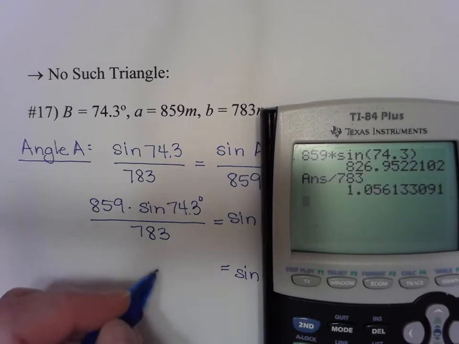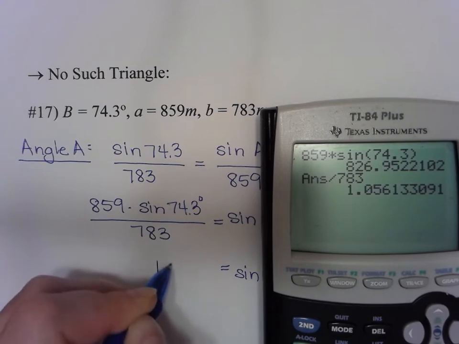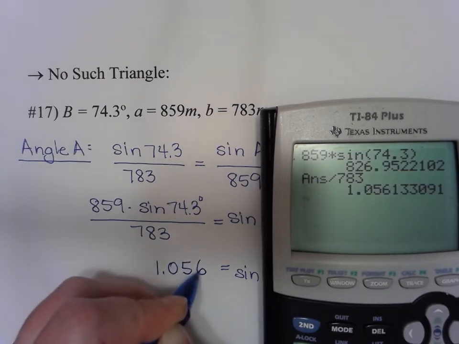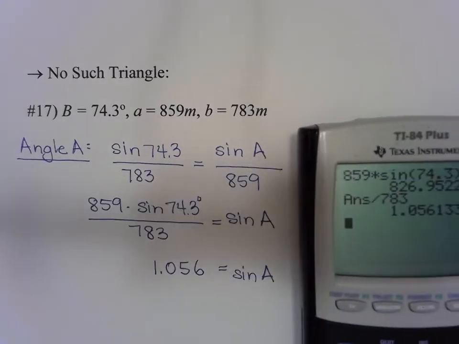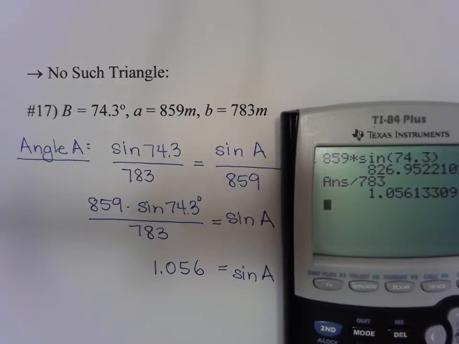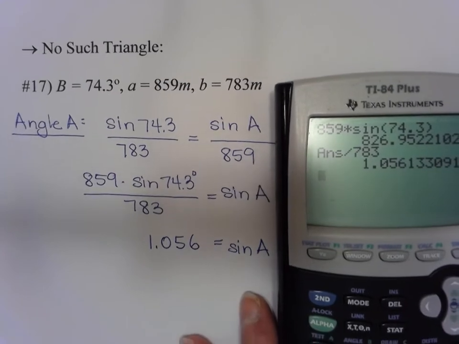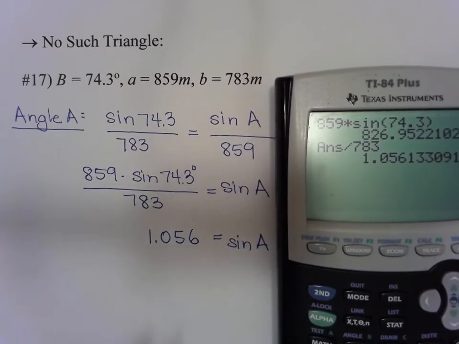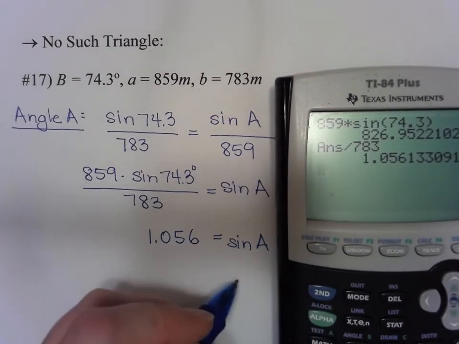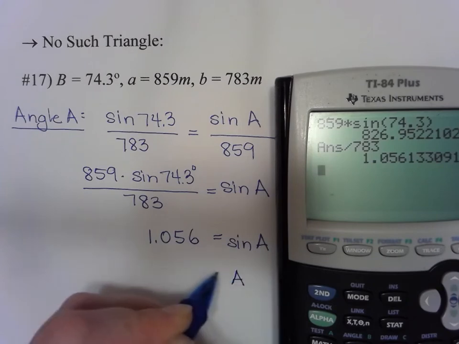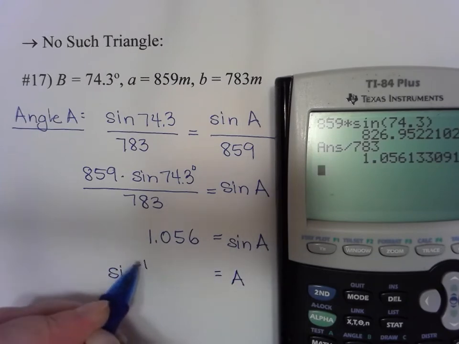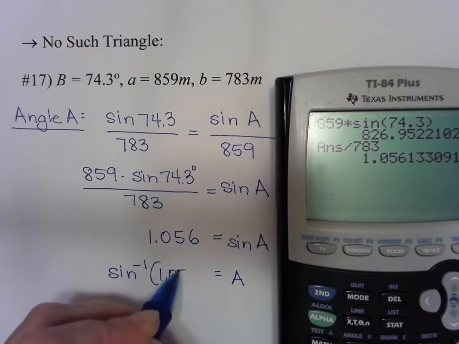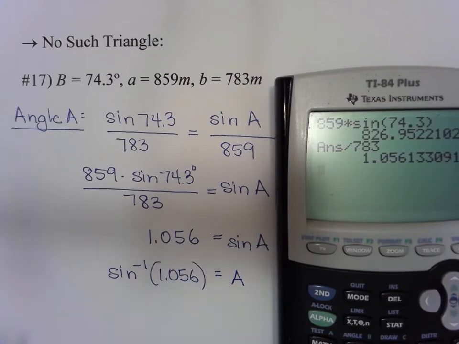So the sine of angle A is 1.056. Okay, so maybe you can spot the problem here. If you didn't, let's say you didn't, maybe you tried to find the inverse, right?